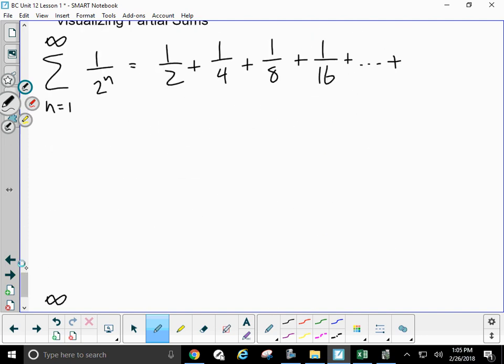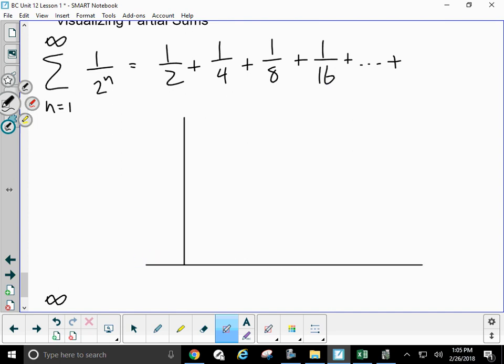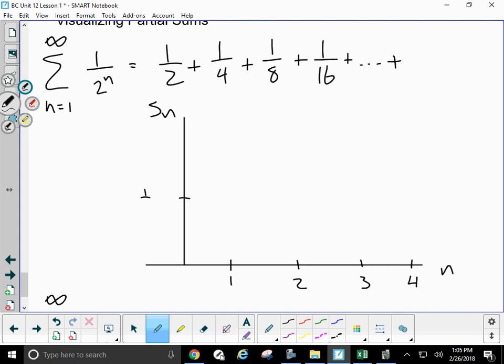We also like to visualize our partial sum. So instead of A sub n being listed on the y-axis, I'm going to have S sub n. We're still going to have n on the x-axis. And we started with our first partial sum being a half. The second partial sum was 3/4, right?